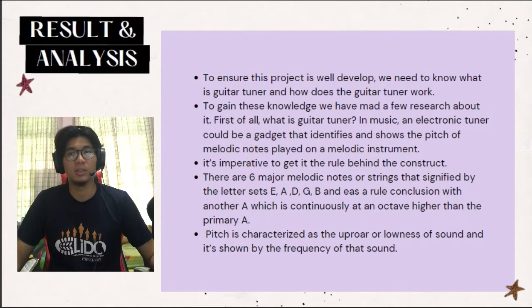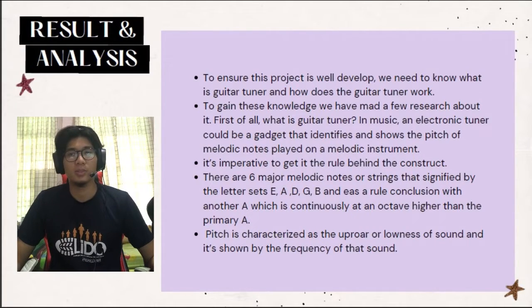So it is imperative to get into the rule behind the construct. There are six major melodic notes of the strings that are signified by the letters E, A, D, G, B, and the last one, capital E. So these are the basic notes.